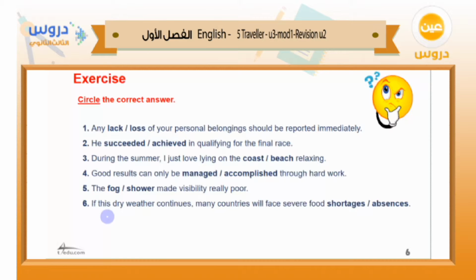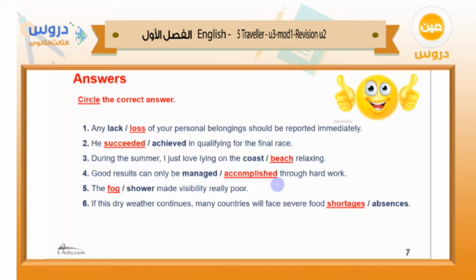And the final sentence, if this dry weather continues, many countries will face severe food shortage, absence. Alright, so your job is to choose one word for each sentence. As you can see here, in number 1 and number 2, coast or beach in number 3, managed or accomplished in number 4, and so on. So just select one word for each sentence, and as usual, we are going to check the answers together.